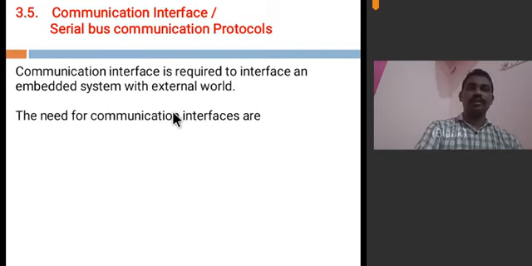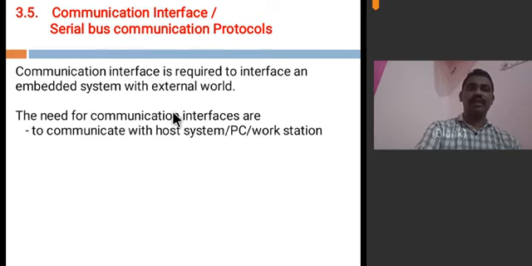The need for communication interfaces is to communicate with the host system, PC or workstation. That is, in order to communicate with a personal computer or workstation, or host system, maybe a laptop, the target system needs to communicate with the host system. So you need a communication interface.